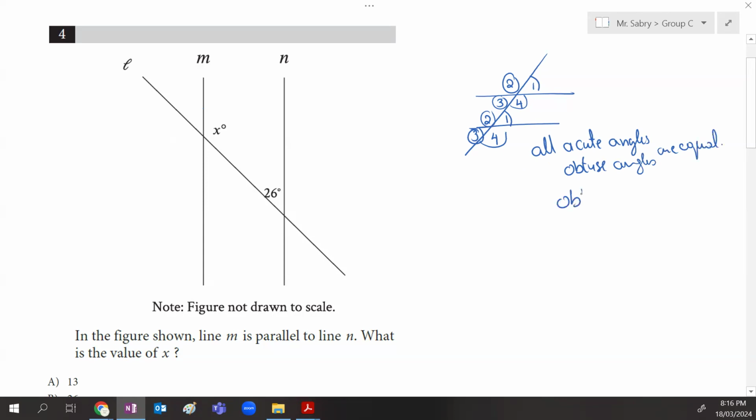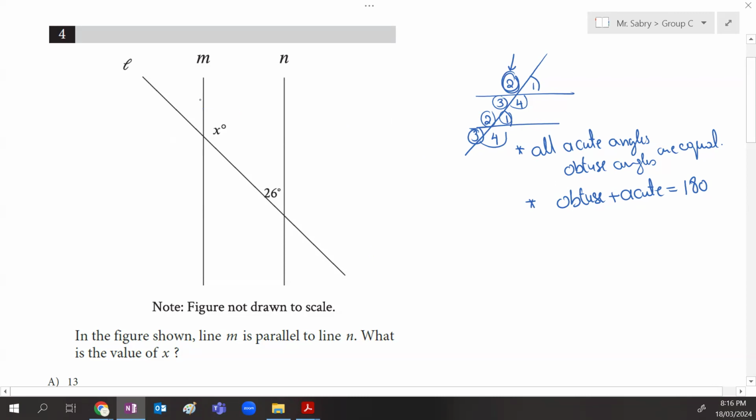But if you take any obtuse plus any acute in a parallel line, they must equal 180. For example, if you took angle 1, which is acute, and angle 2, which is this one, plus each other, they have to equal 180.